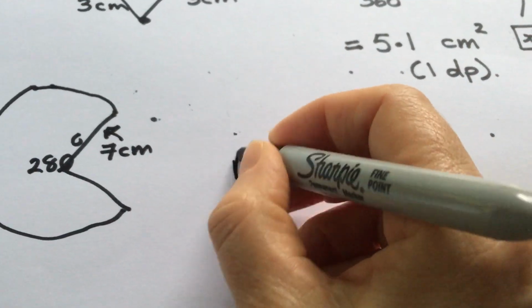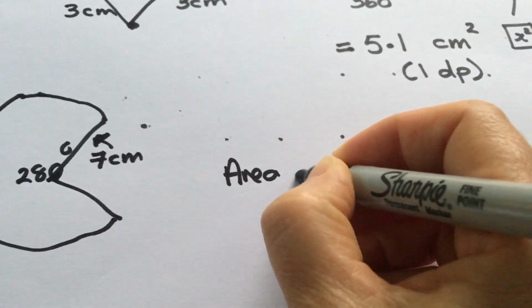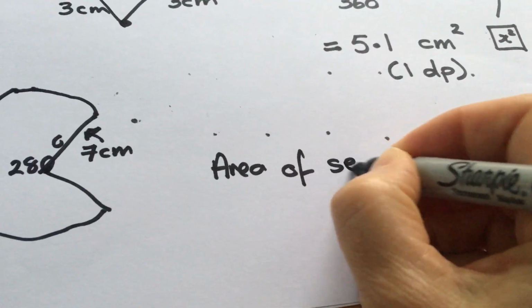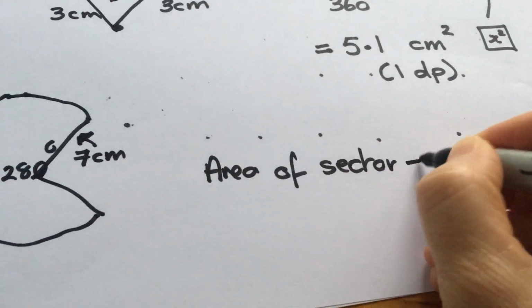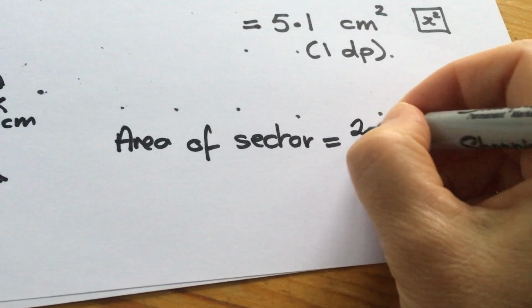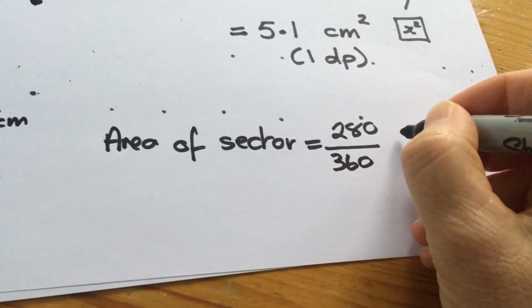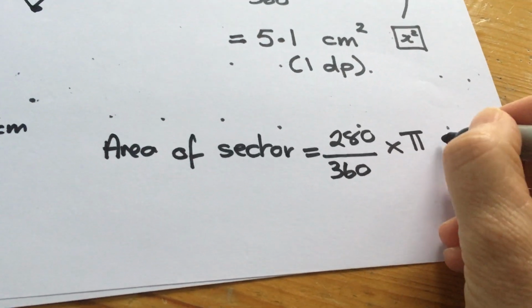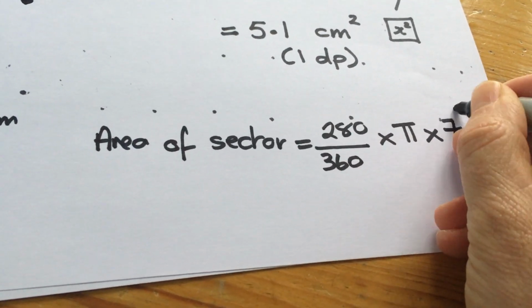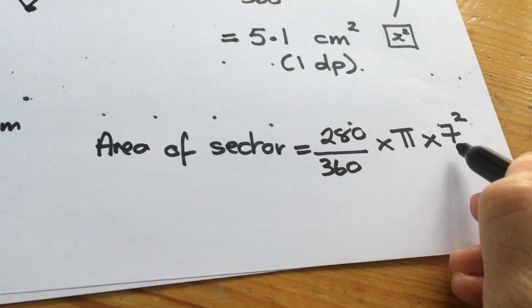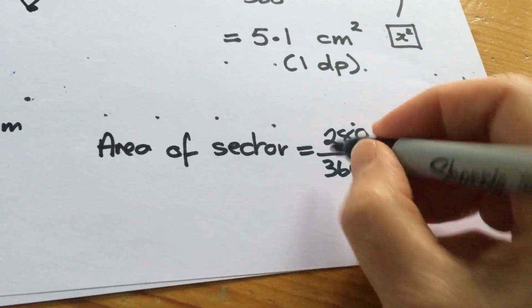And this time the area of sector is equal to, so you take your angle, divide it by 360, and then multiply it by the area of a whole circle, which should be pi times 7 squared, 7 being the radius.